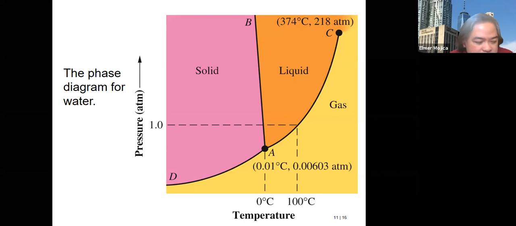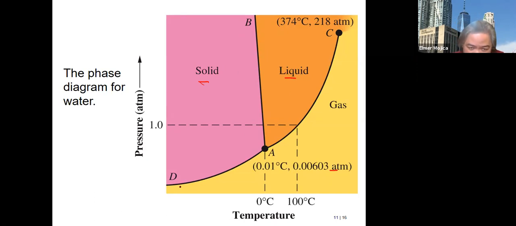So as I've told you, in the phase diagram, you will see the three phases of a given chemical. So you have here a solid phase, a liquid phase, and the gas phase. The boundary between the solid and the liquid is the condition wherein both the solid and the liquid phase coexist.